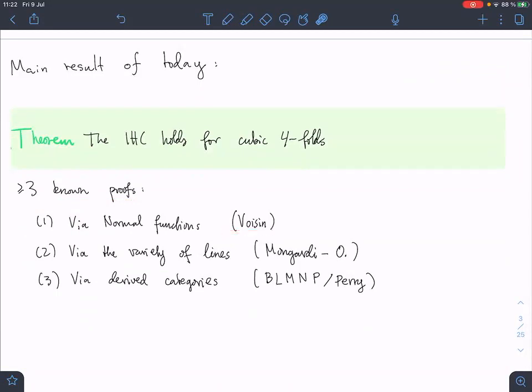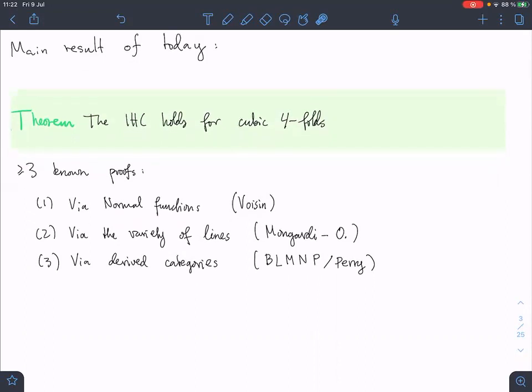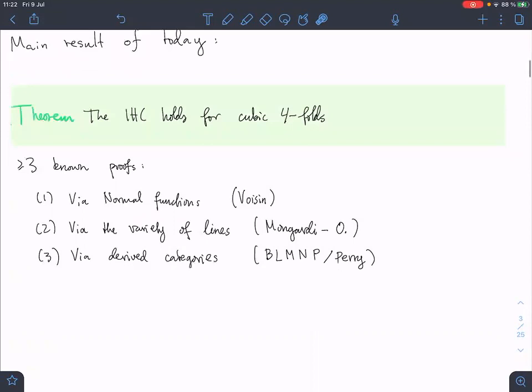She proved this a long time ago, and the first proof used a Lefschetz pencil argument and normal functions. So the proof I'll present today is with Giovanni Mongardi. I'll use the variety of lines, and it's a little bit different from the one we saw yesterday in Emanuela's talk.